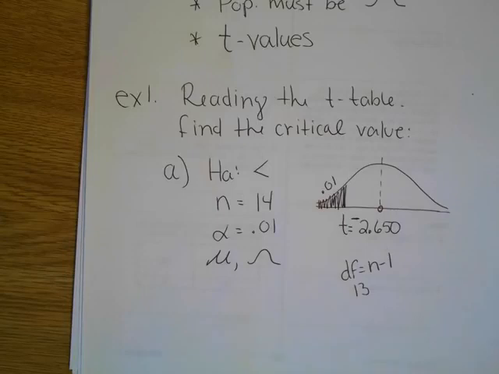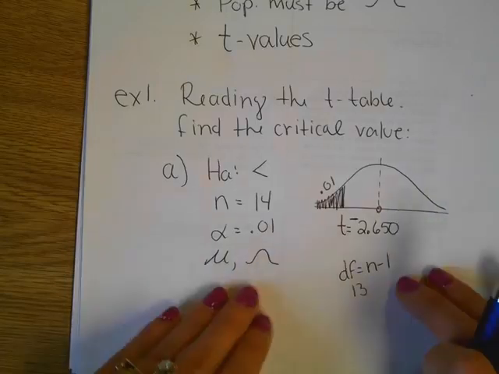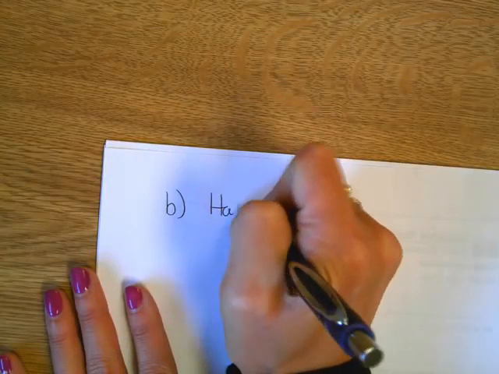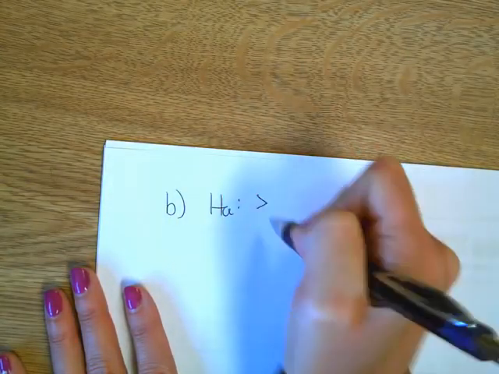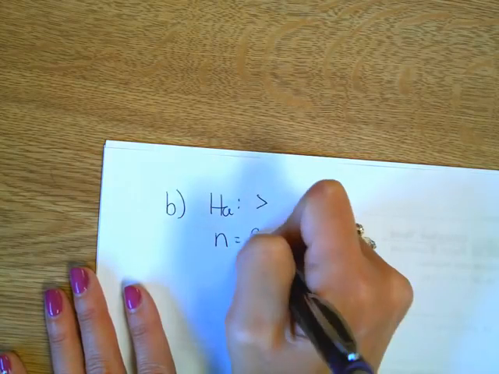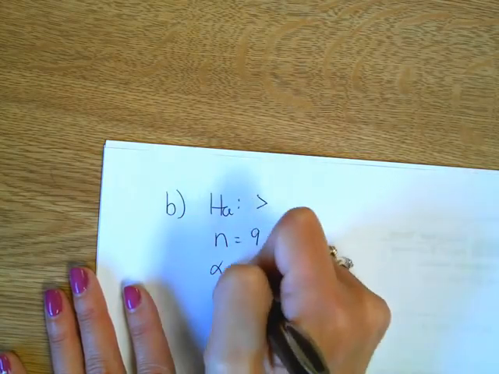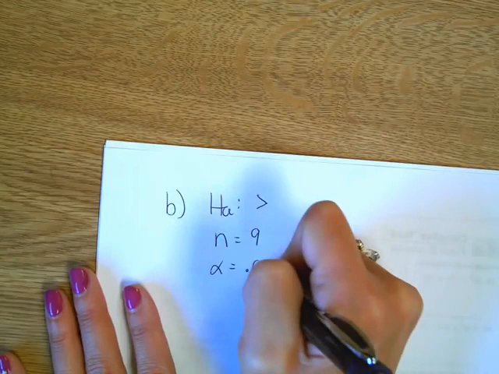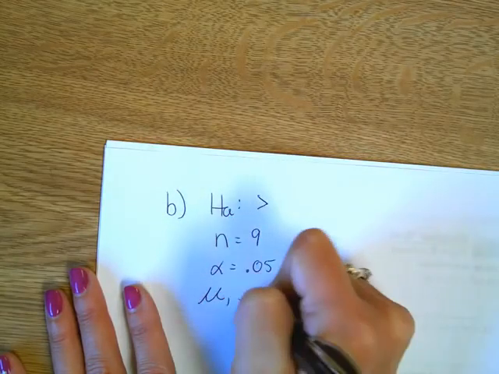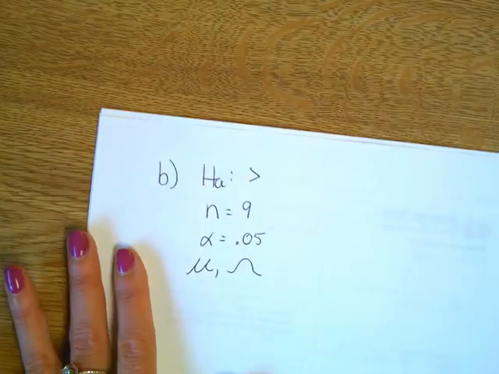Try another one. So this next one, the Ha has a greater than, n is 9, alpha is 0.05, claim has a mu, and normal population.